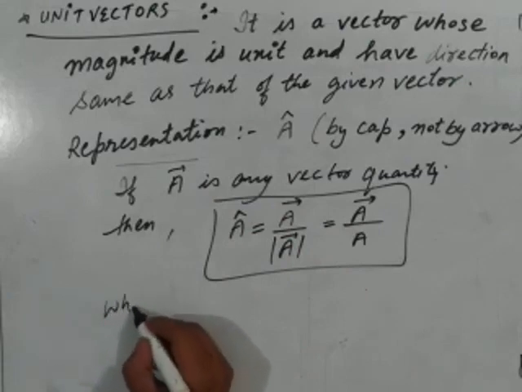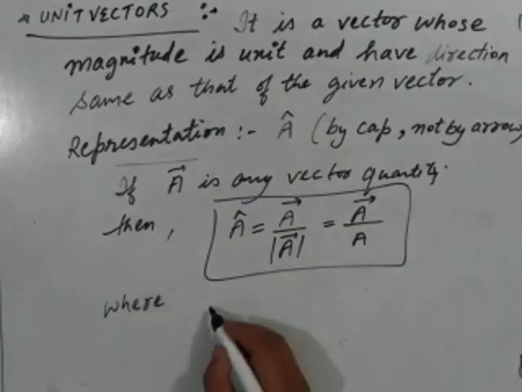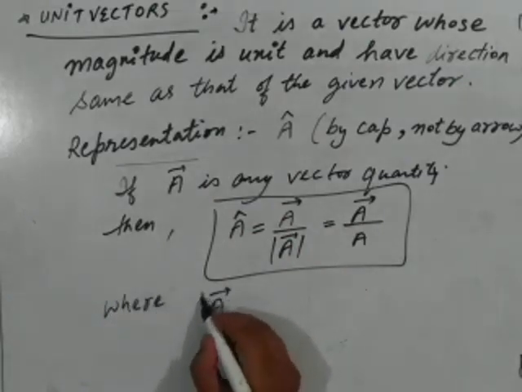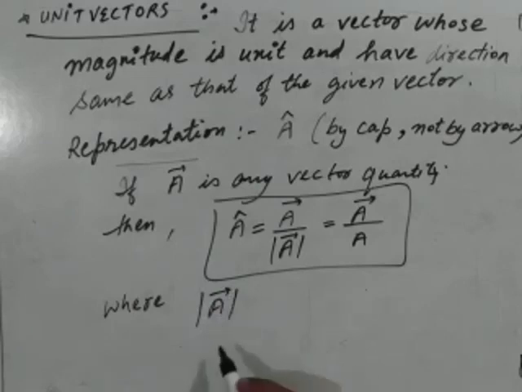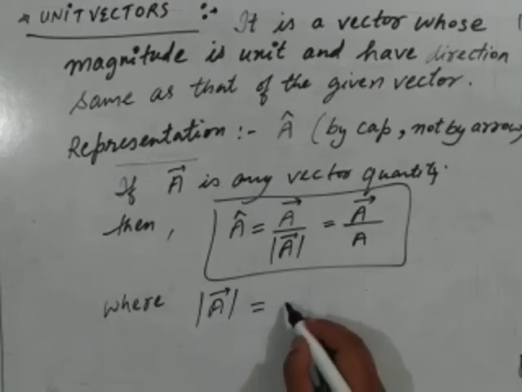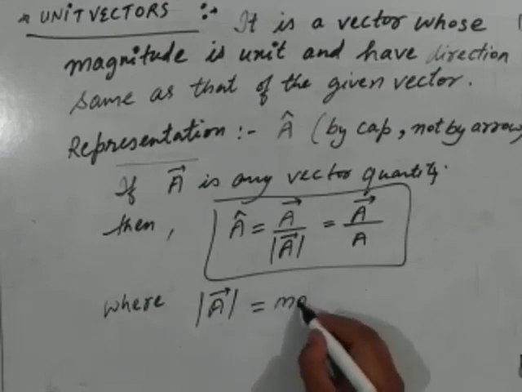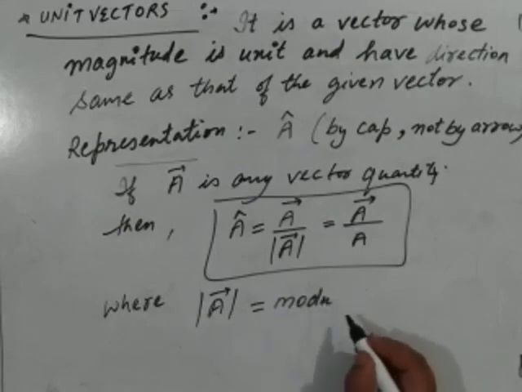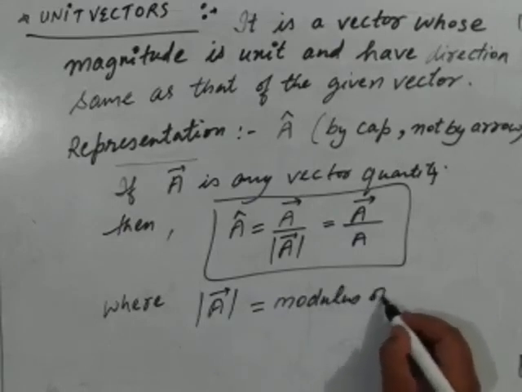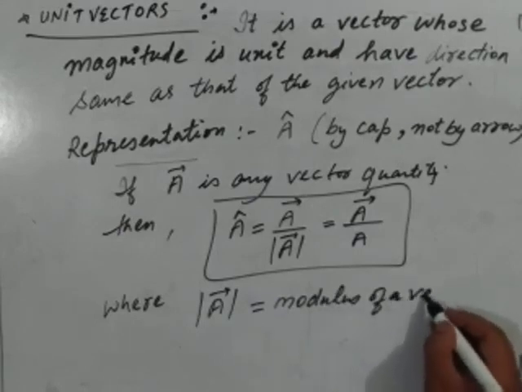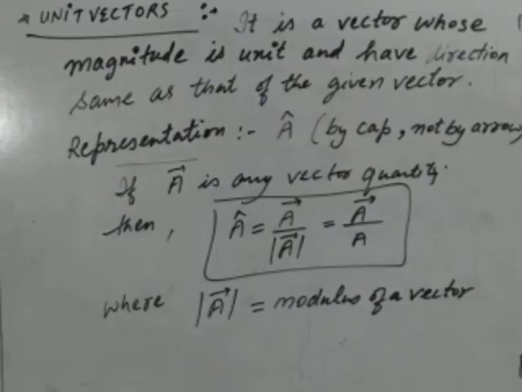where modulus of A, this vector represented by these two lines, is called modulus of a vector. Now what is this modulus?